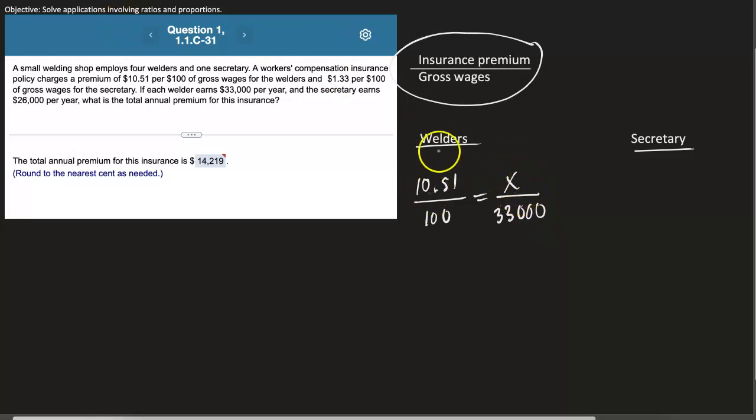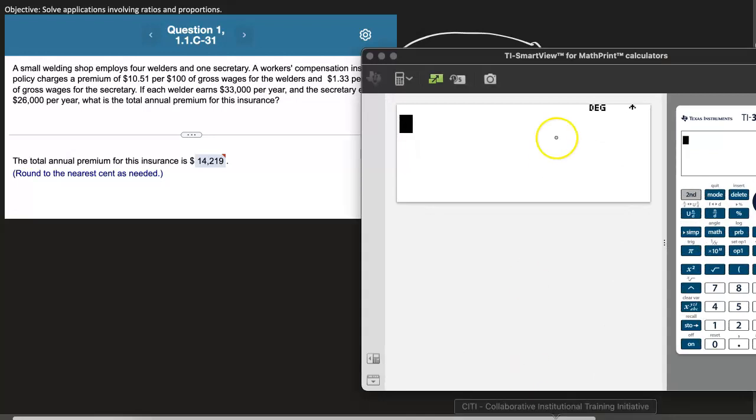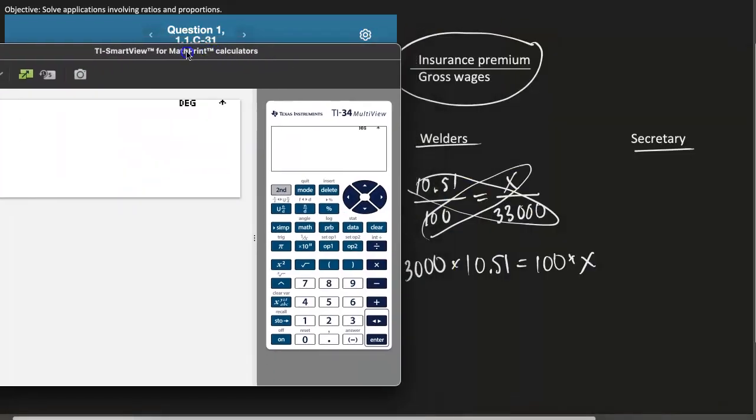And from here, I can use cross multiplication to cross multiply these two values. And that's a times right there, by the way. And then I'll cross multiply these two values. That's 100 times X. I'm trying to write that just a little bit smaller there. And then I'm going to bring up my calculator to help me calculate some of these values here.